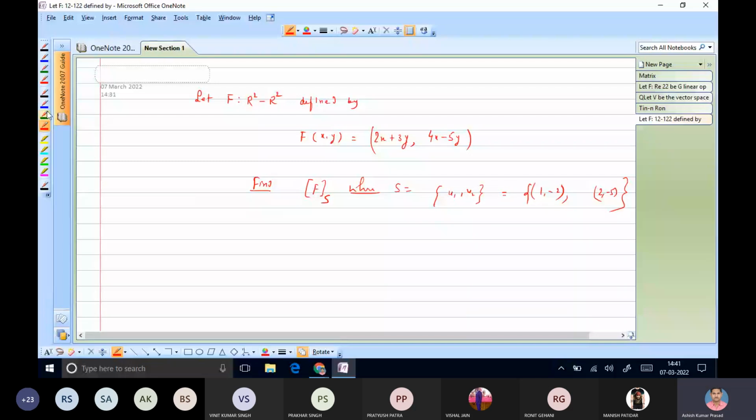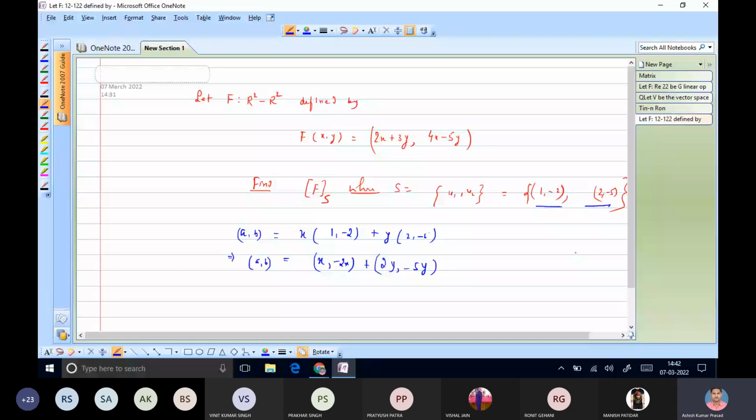See, I am just going to find a formula. Any element AB can be written as a linear combination of U1 and U2, that is x times 1, minus 2 plus y times 2, minus 5. From here you can see it is x into 1 is x, minus 2x; x is multiplied to each component, again y is multiplied to each component. So 2y, minus 5y. Okay, and this is equal to AB.